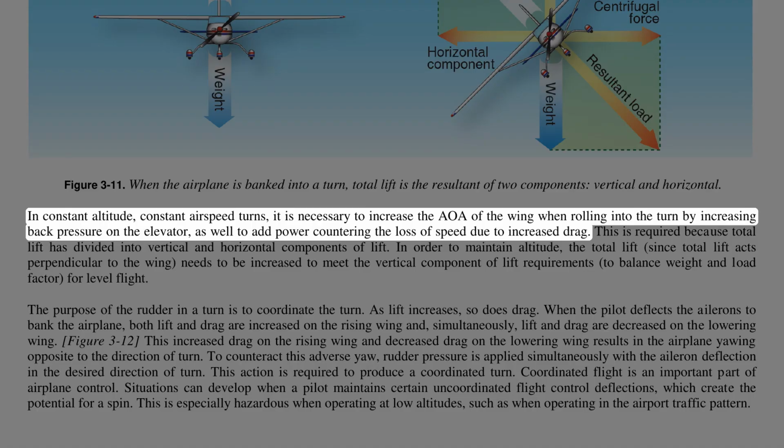In constant altitude, constant airspeed turns, it is necessary to increase the AOA of the wing when rolling into the turn by increasing back pressure on the elevator, as well as to add power, countering the loss of speed due to increased drag.